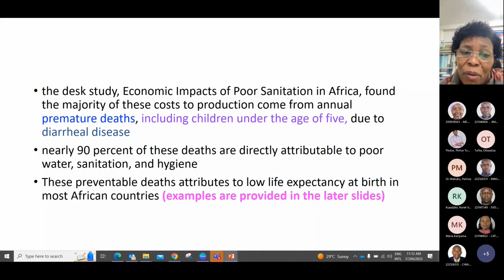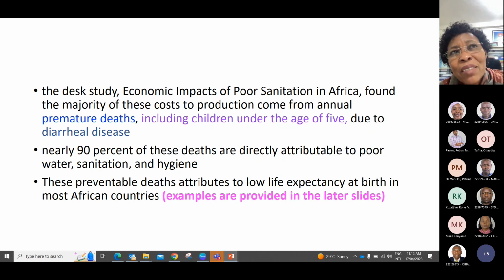But when we say premature death, and then including children under the age of 5, what it means is there are other deaths apart from those of the children under 5, but they are premature.